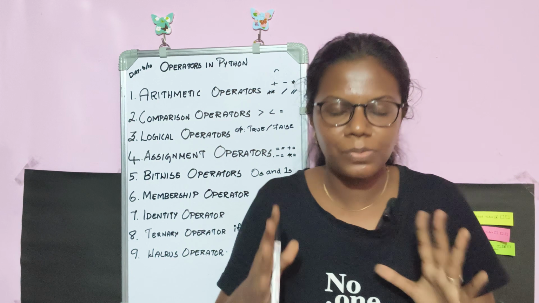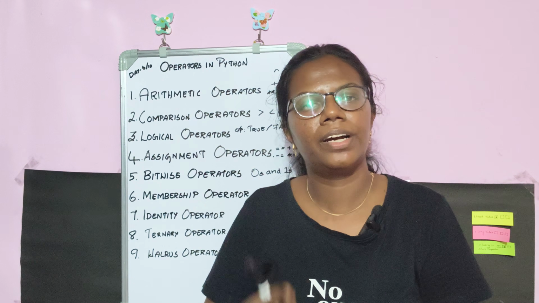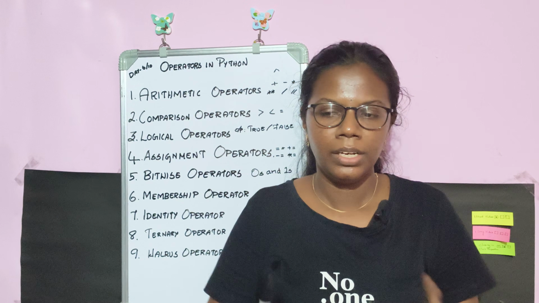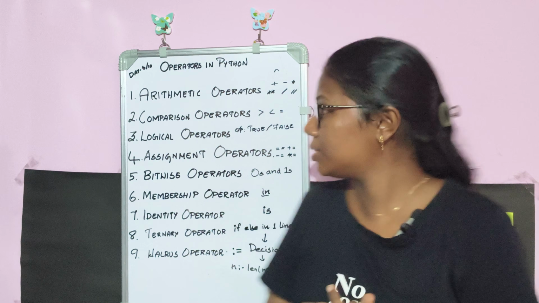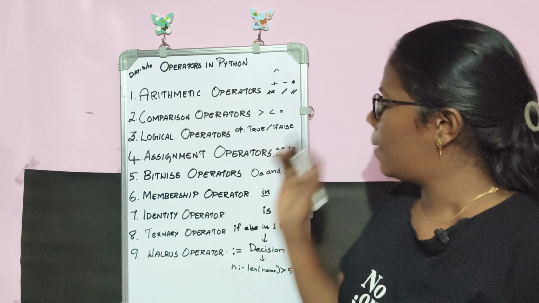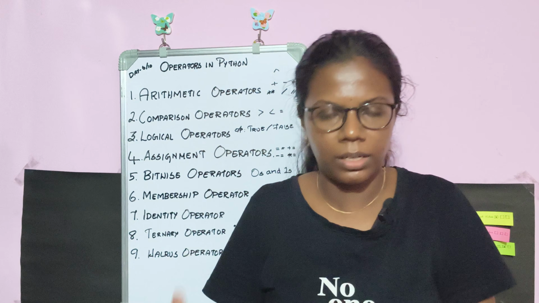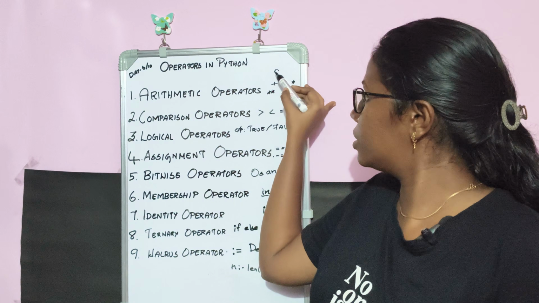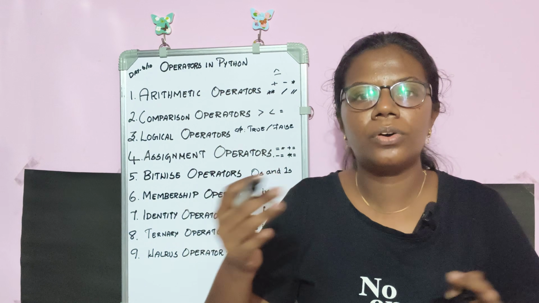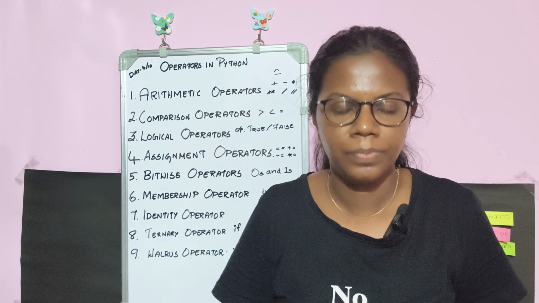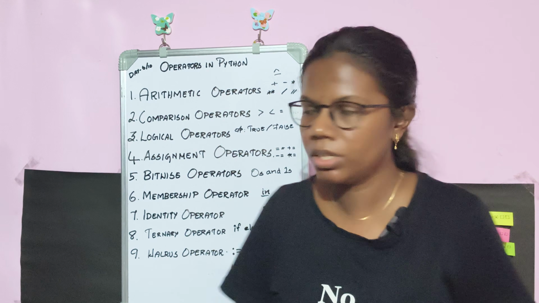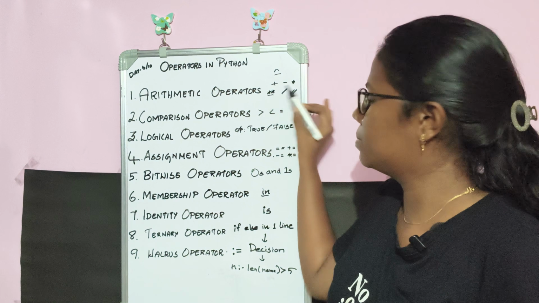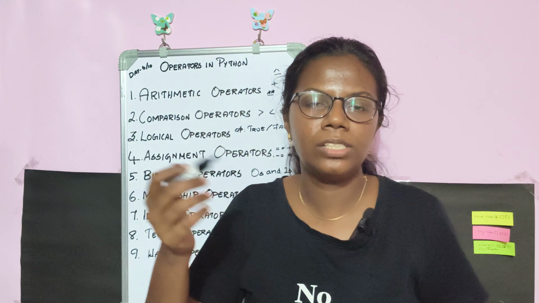But specifically for finding the square value of any number, on a laptop we have a caret symbol like this. But that operator won't make sense in Python. In Python, that is not used for finding the square value of any number. Instead, you have to use two star symbols for finding square values.